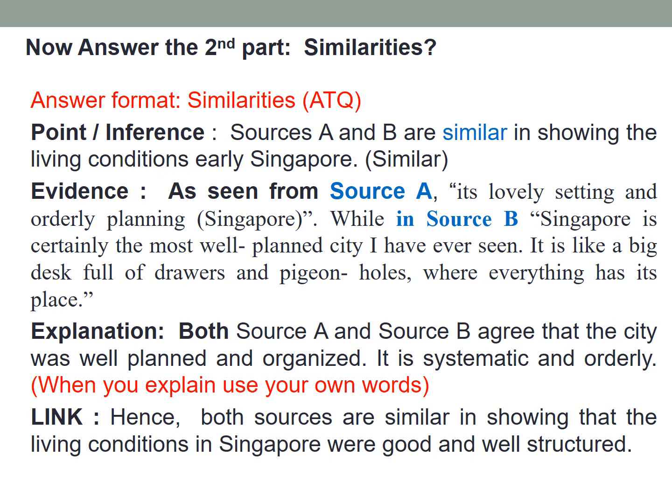This is the format for similarities. It is exactly the same as how we answer differences, except that the focus is now on similarities. So we answer sources A and B are similar in showing what? The topic is living conditions in early Singapore.